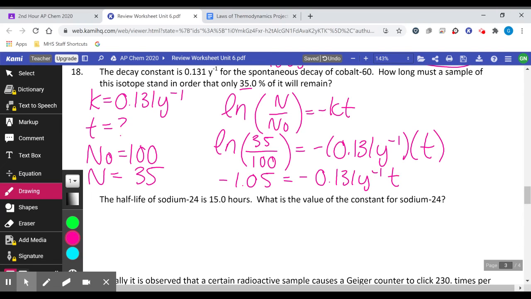So now I just need to divide my negative 1.05 by my negative 0.131 to get time. And so I get time equal to 8.01. And then my unit, because of my K constant, should end up being years.